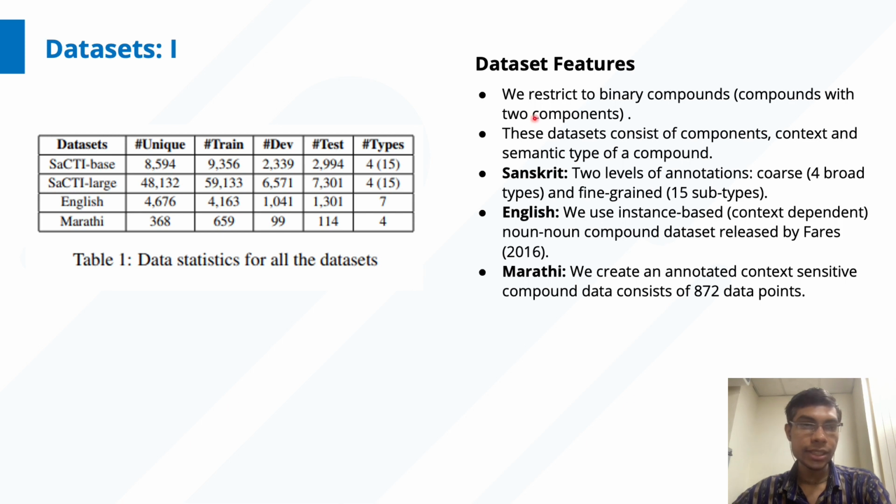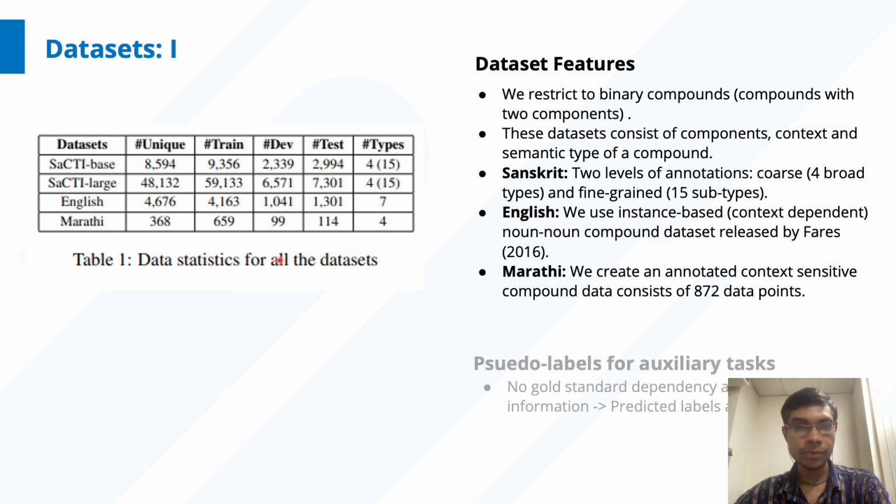Coming to the dataset section, we have focused on binary compounds, and for Sanskrit there are two versions of data in two levels of classification. One is broad and the other is fine grain, and similarly we also had experiments in English and Marathi.